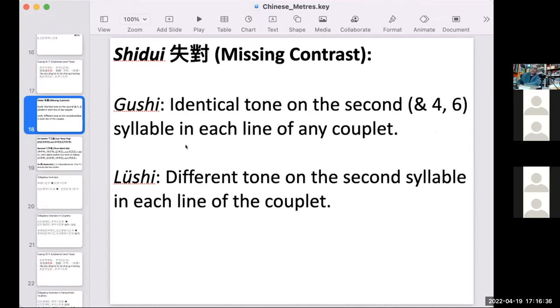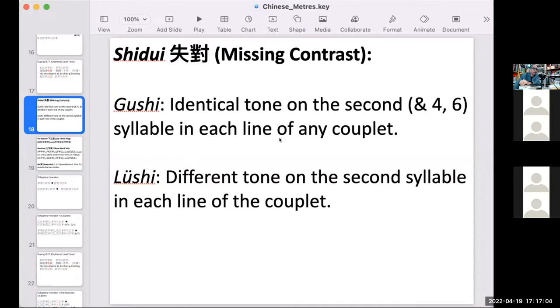Shui tui, missing contrast, is when there is a contrast, the antithesis that I just explained. The difference between the ku shu and the li shu is that in the ancient verse, there was an identical tone on the 2nd, the 4th and the 6th syllables in each line of any couplet.